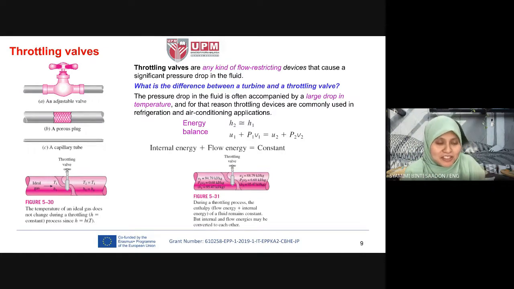Okay, next component is throttling valves or pipes. It's like a pipe, a throttling valve. This one may not be applicable for aircraft engines, but applicable for fluid mechanics, a mechanical background.